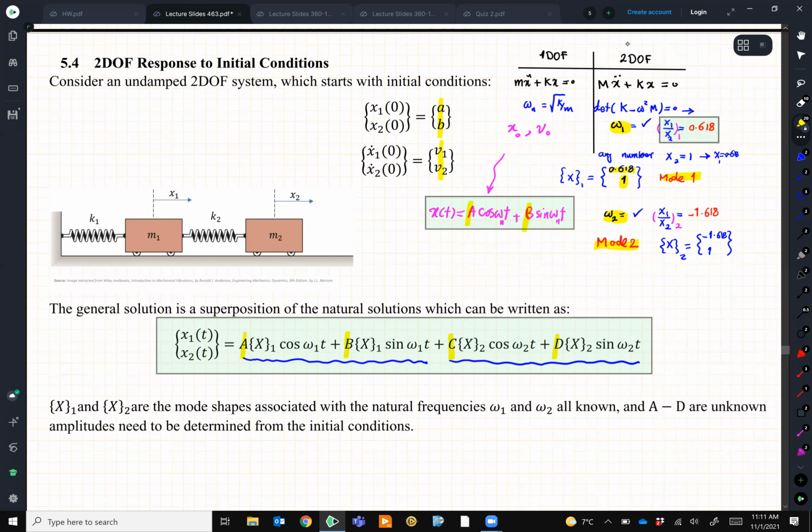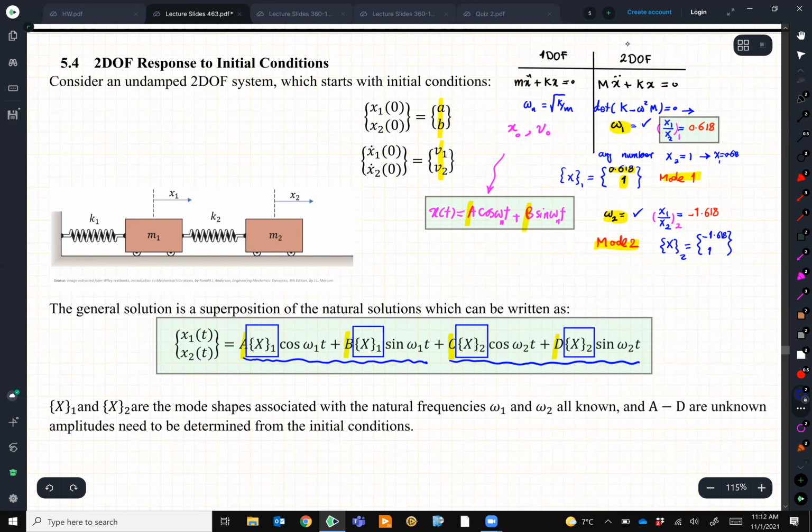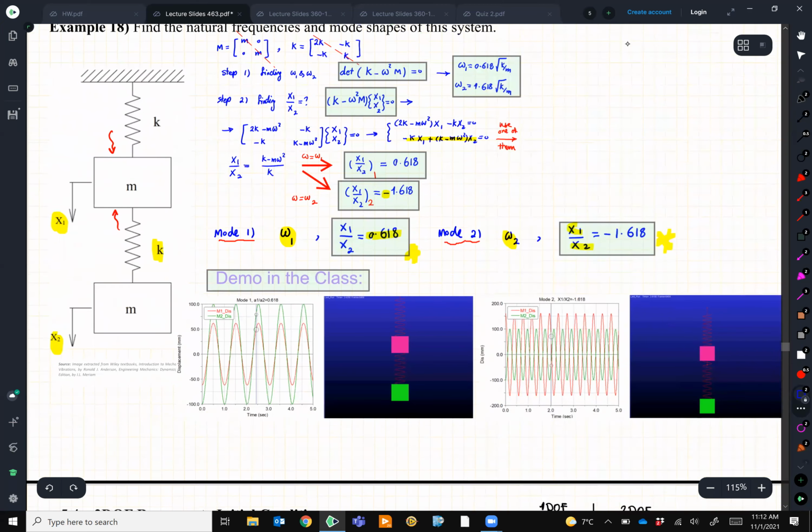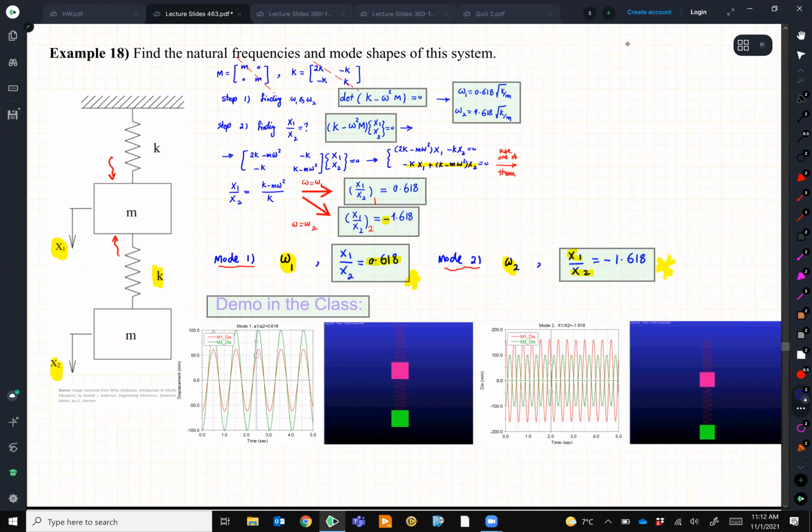One extra thing that we have here is the mode shapes. So why are they there? Again, going back to the idea of this 2 degree of freedom system, you saw we said if I disturb it in a way that x1 over x2, the ratio of these two, is that fixed number, these two go up and down together.